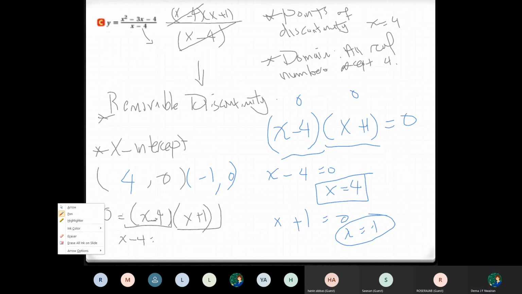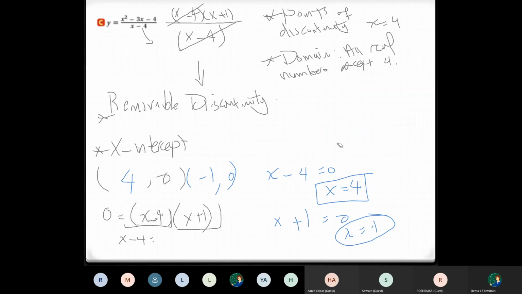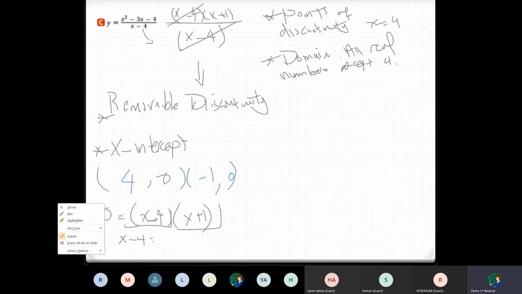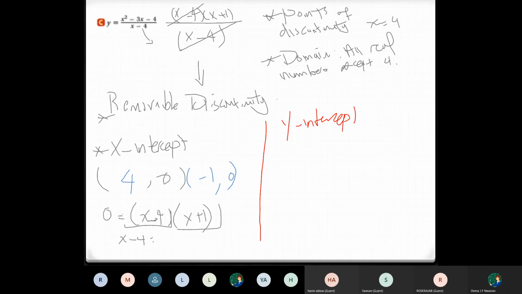Now I want to find the y-intercept. To find the y-intercept, I said y-intercept, it means that when x is 0.